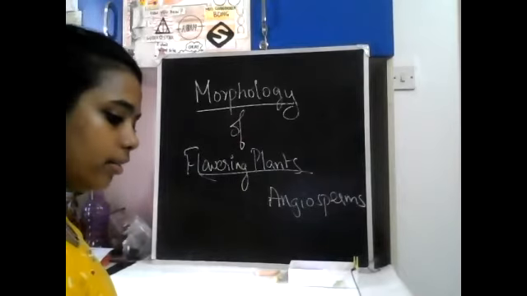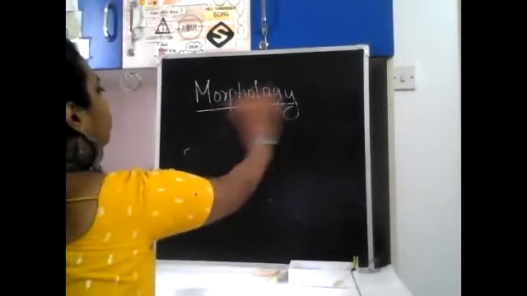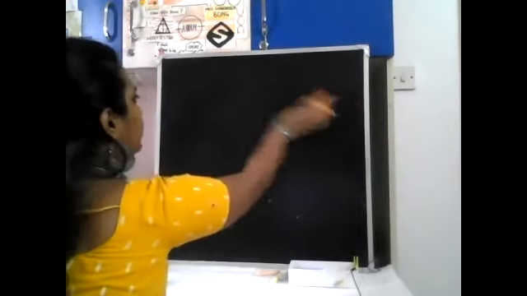What are the external features that we see in angiosperms? Now you will say root, stem, leaf, then you will say flowers, fruits, and seeds. So now we can classify the different parts in a plant into two main categories.